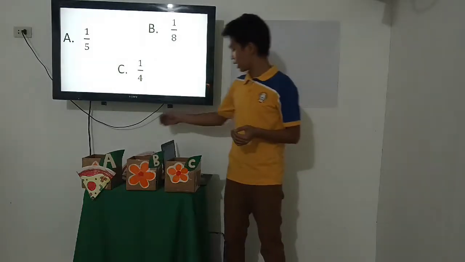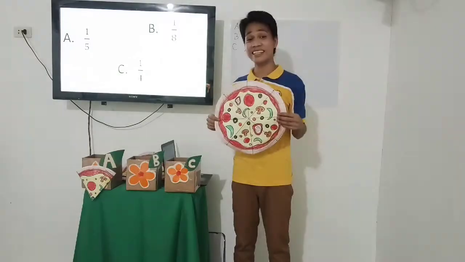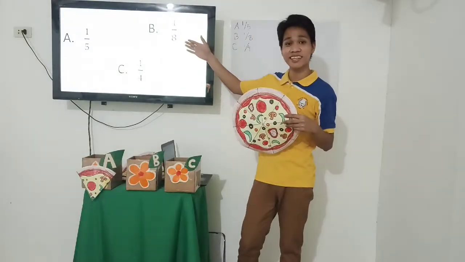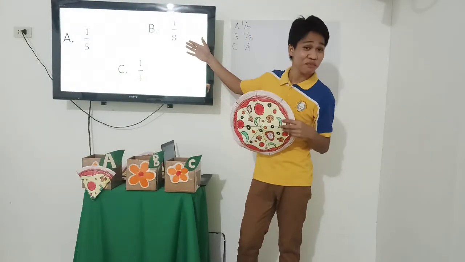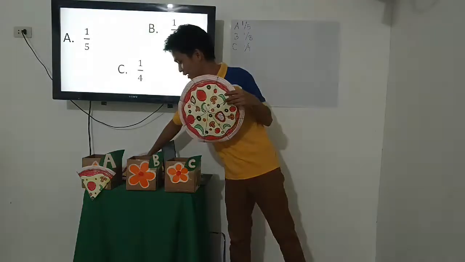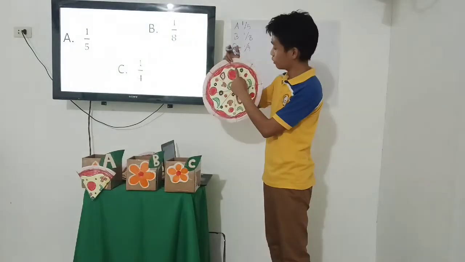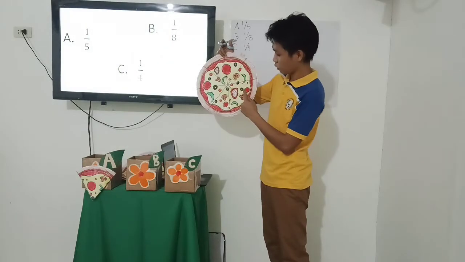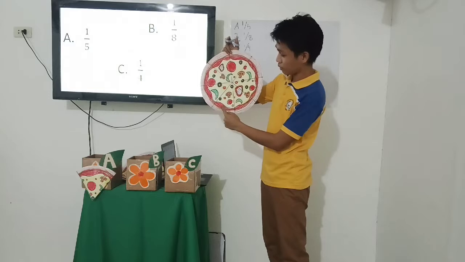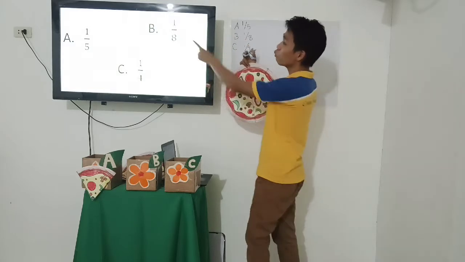Now let's take a look at 1/8. How does 1/8 look like? We have another pizza and we will slice it into how many pieces? Eight. 8 pieces. Okay, let's count. 1, 2, 3, 4, 5, 6, 7, 8. And we have 1/8.